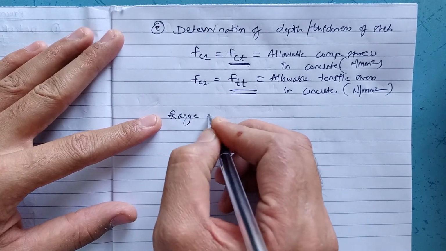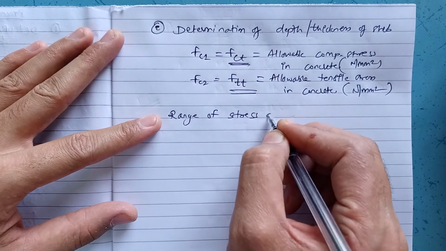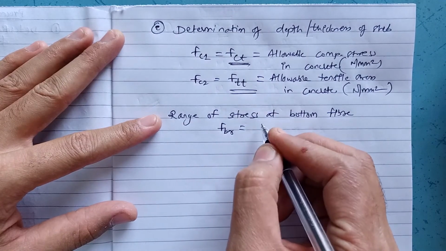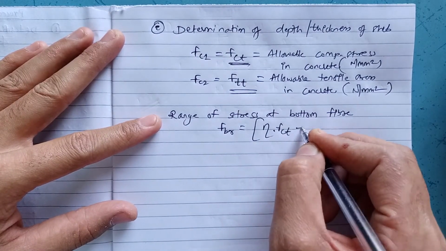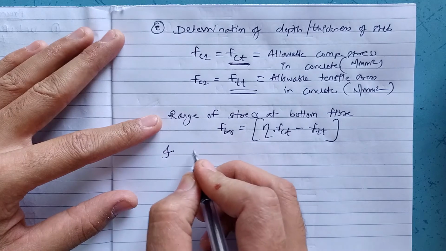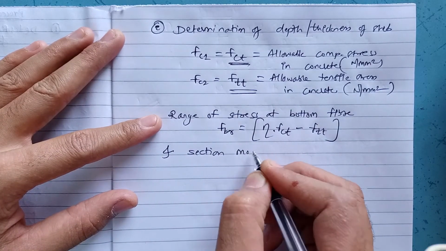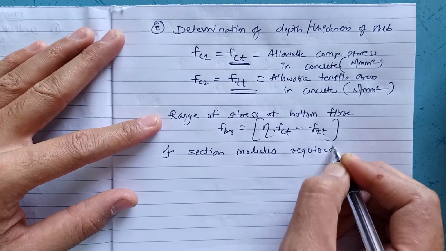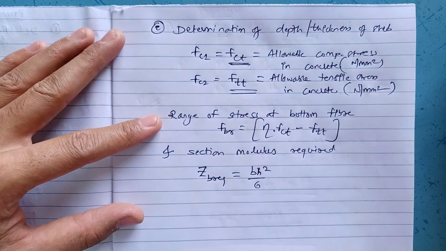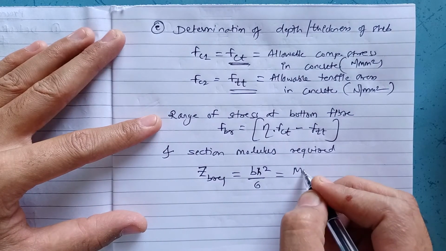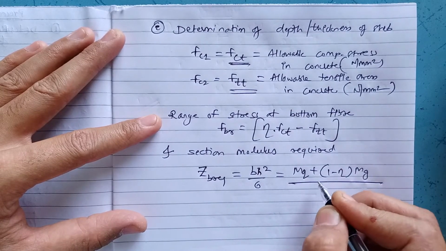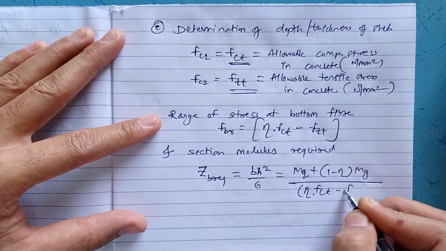Now range of stress at bottom fiber is determined as FBR is equal to eta into FCT minus FTT, where eta is nothing but loss ratio, and section modulus required is nothing but BS square by 6, as it is symmetrical section, where another formula for section modulus is MQ plus 1 minus eta into mg divided by eta into FCT minus FTT.